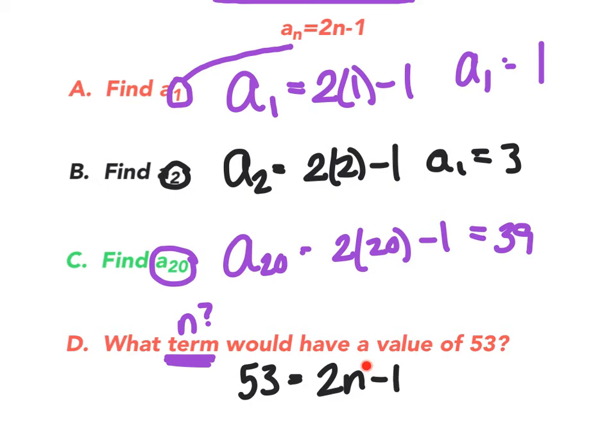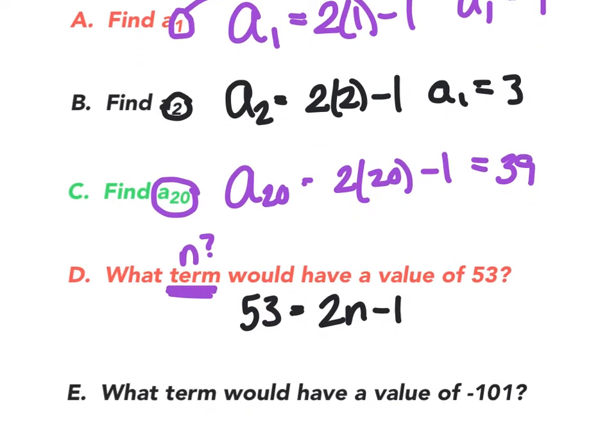And the question is, what is this n value that would give you a value of 53? Well, we'll just solve a simple linear equation, add 1. 54 equals 2n. Divide both sides by 2, and I get n equals 27.